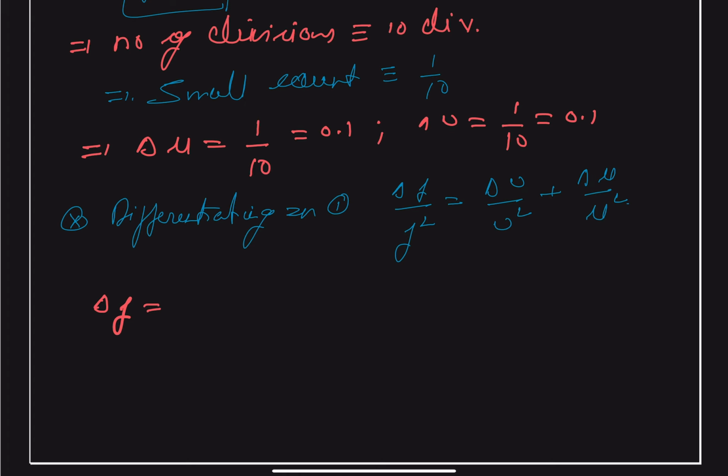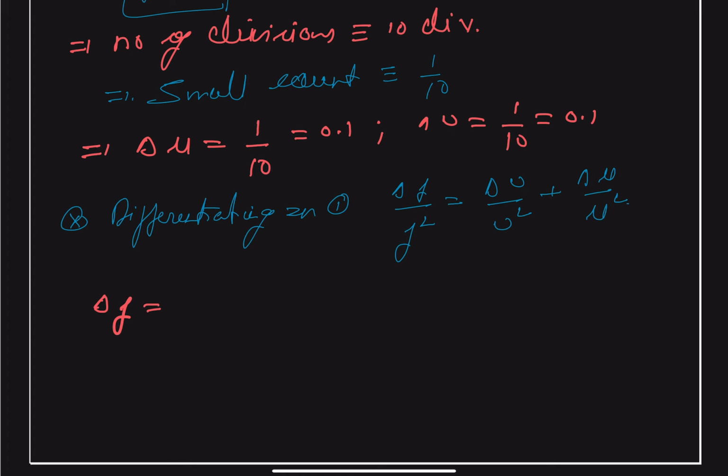We are mainly interested in magnitude, and this gives us 0.1 divided by 10 square plus 0.1 once again divided by 10 square, and the focal length which we just found out is 5, so this comes as 5 square.